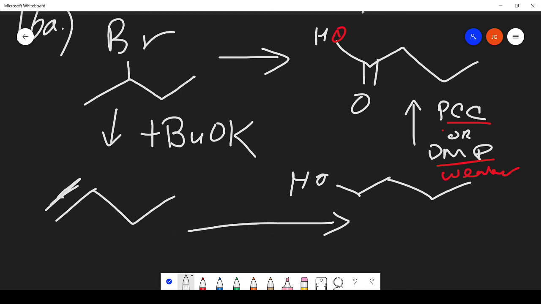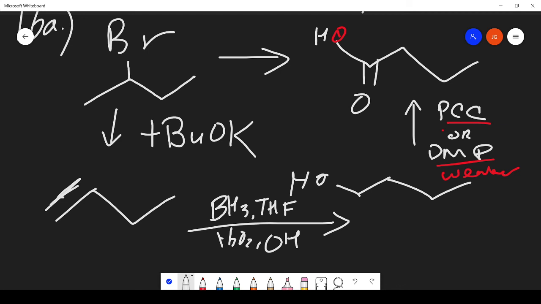So for hydroboration oxidation, you have to remember the reagents are BH3 THF. THF is not a reagent, by the way. It's a solvent. And H2O2, OH.